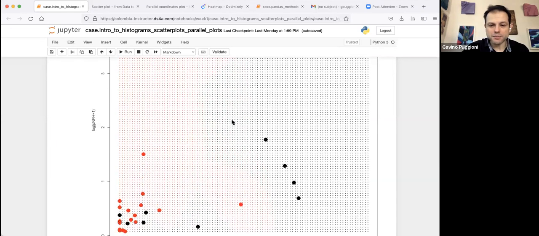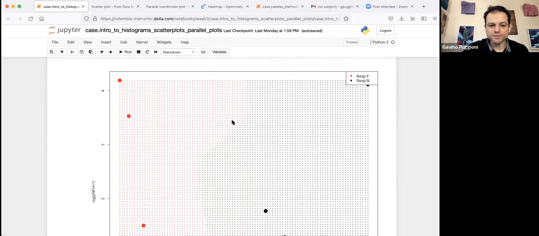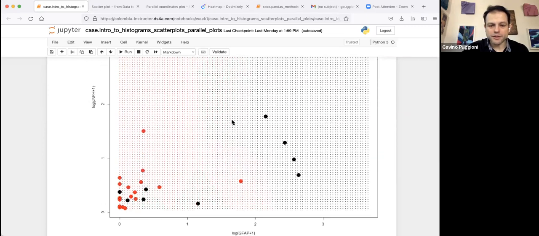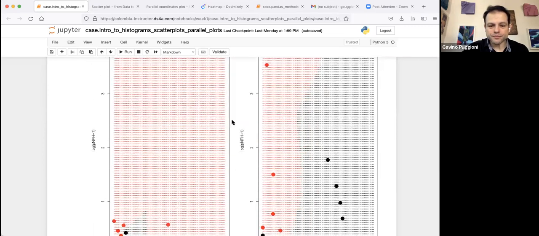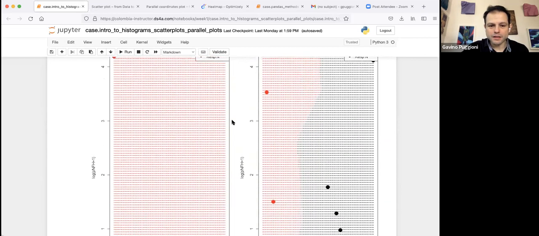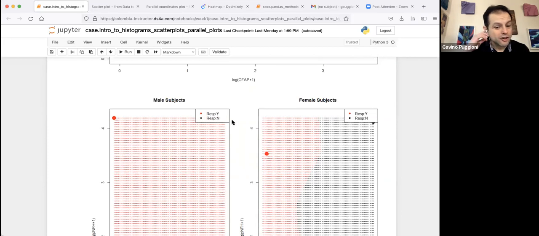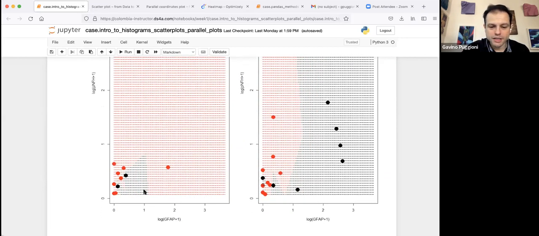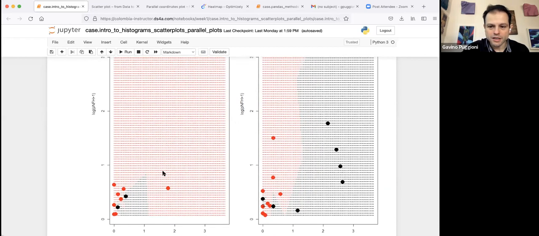I find this particularly useful because the PNFH for male seems to provide no real informational content. Notice that, you know, almost the entire plot is red.